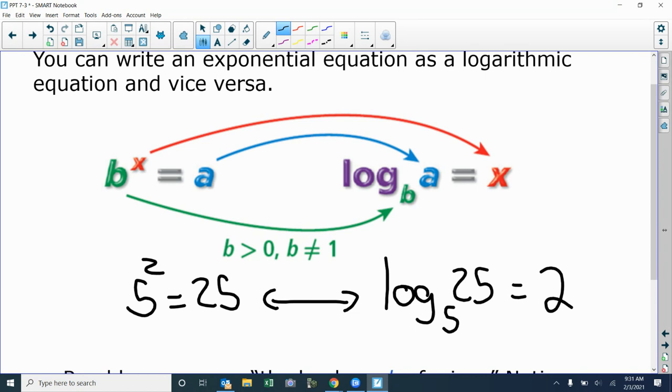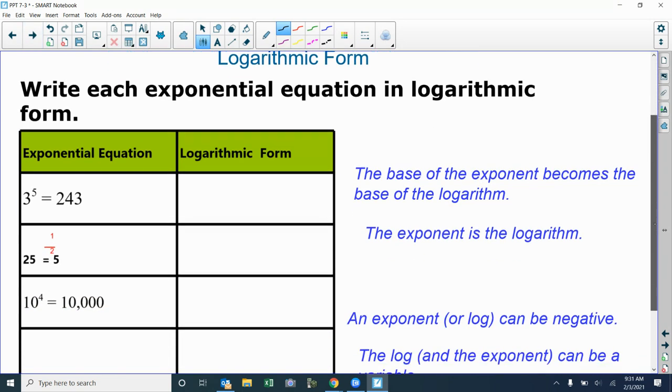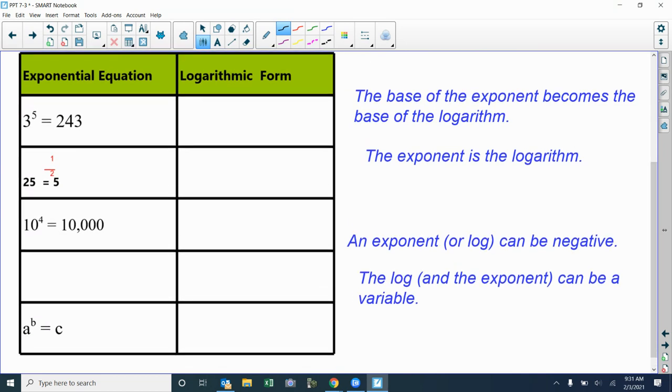All right, let's take a couple practice problems here. See if you can just do the first one and stop. That way we can check and make sure we are all on board. Ready for the first one?